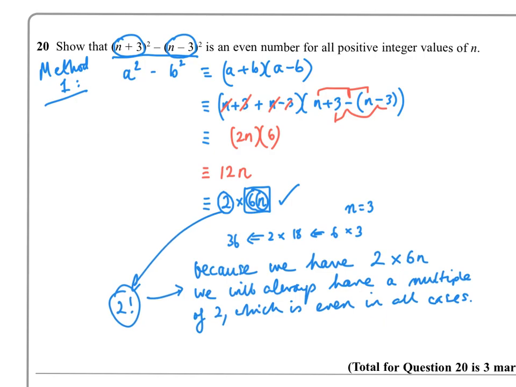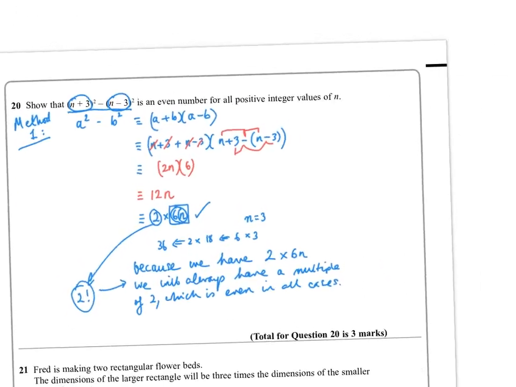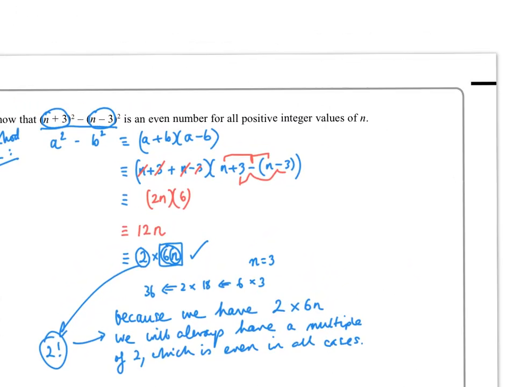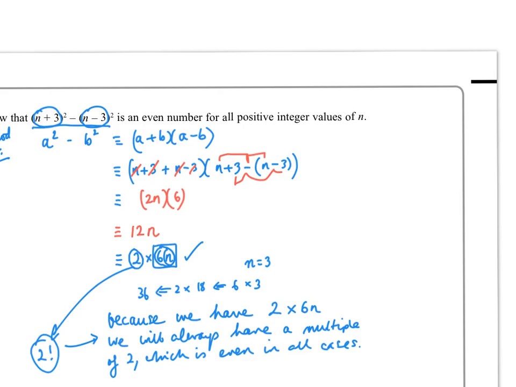Method 2 in here would be to just expand the brackets. So we're starting with n plus 3 squared minus n minus 3 squared. So we'd have n squared plus 6n plus 9 minus, and be very careful here, n squared minus 6n plus 9.